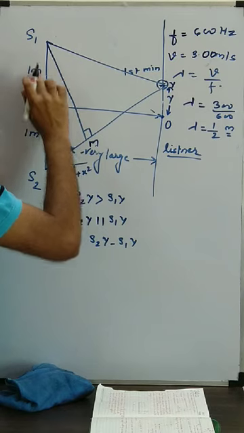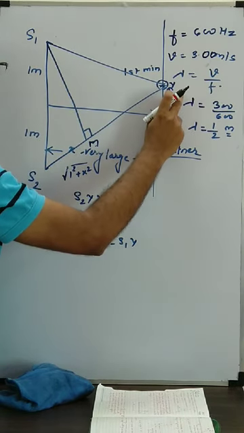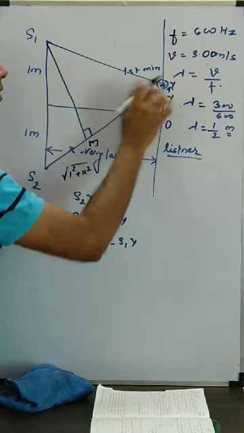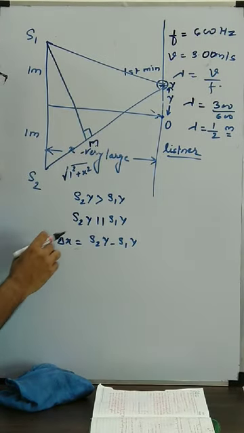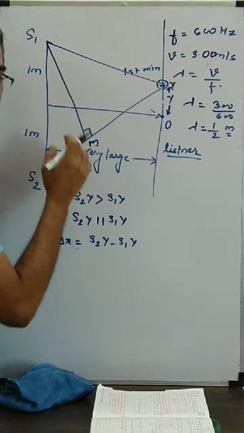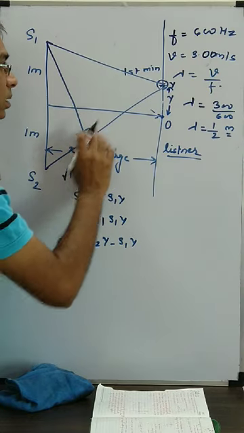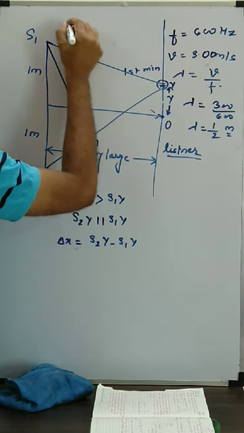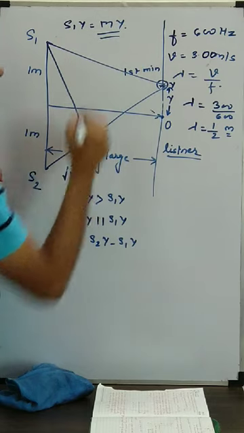When the two sources are very close and you are watching from a very far distance, the rays or waves which are coming to you become parallel to each other. And if you want to know how much larger one is than the other, drop a perpendicular from the smaller one onto the larger one, and then this and this become equal. So S1y will be equal to My.